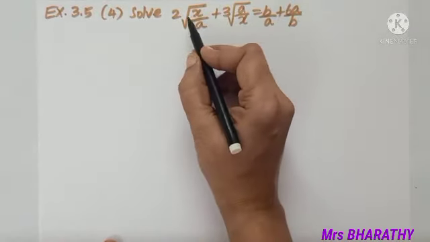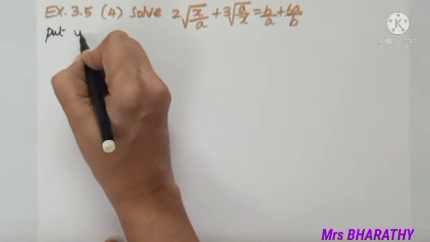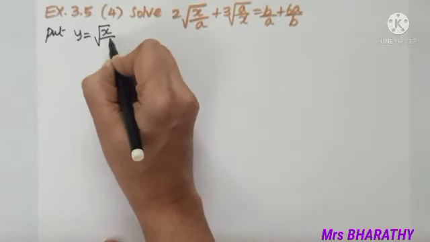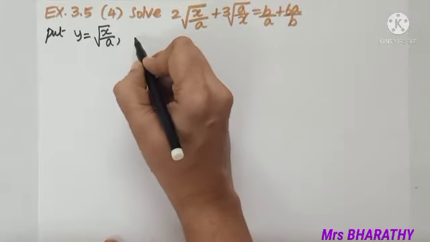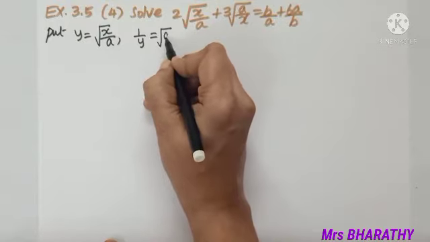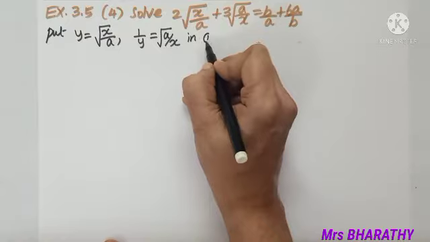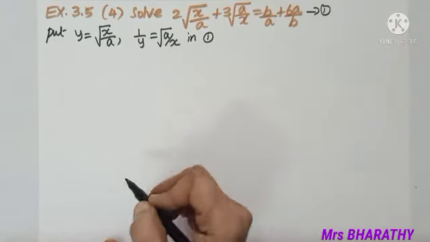So we can put a substitution for these two as y equals root of x by a. Naturally, 1 by y will be the reciprocal, root of a by x.